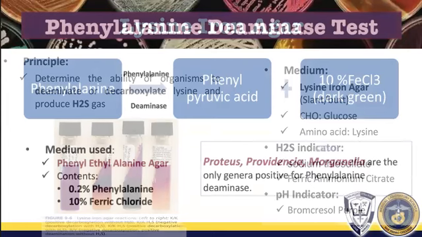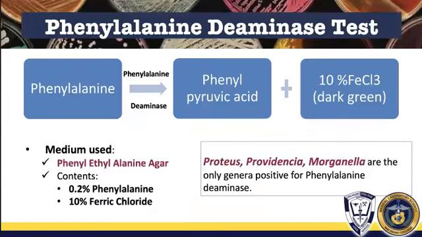Okay? Then we have the phenylalanine deaminase test. Okay, so what we use here is the PEA agar or phenylethylalanine agar, which contains 0.2% phenylalanine and 10% ferric chloride. Okay, so the enzyme being determined here is phenylalanine deaminase. If it is present, it would act on phenylalanine to produce phenylpyruvic acid.